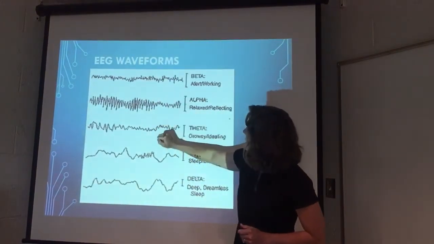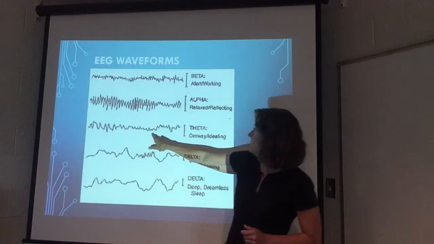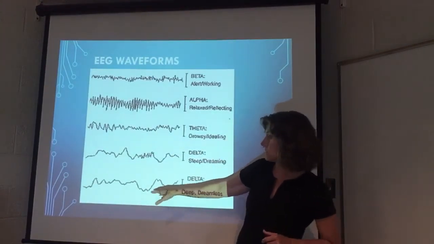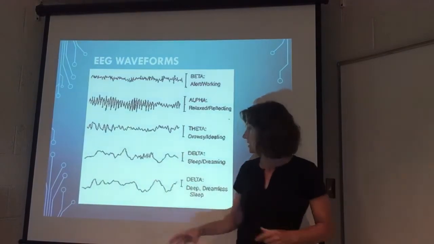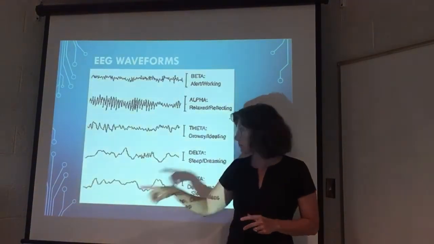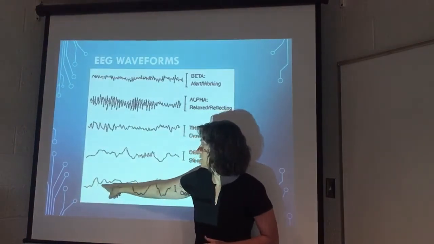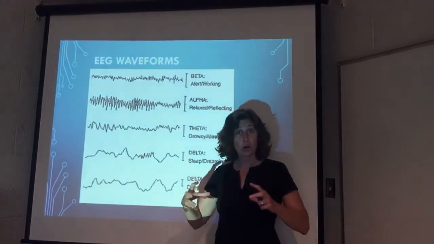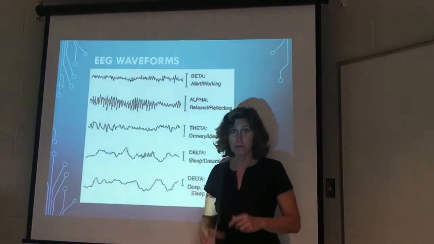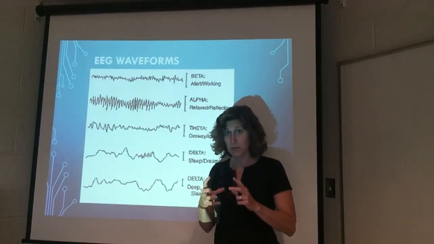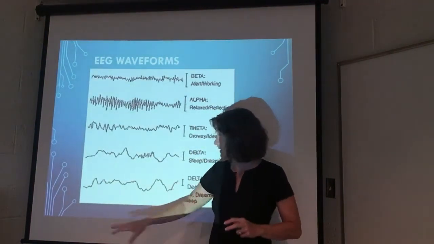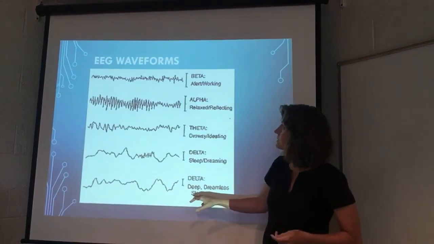Then as we go down, theta gets stretched out a little bit more, and delta gets stretched out the most. The more stretched out it is, the lower frequency we're seeing. It's completing one cycle in a longer amount of time, so there's fewer cycles within that amount of time. Frequency is how many cycles there are within a certain amount of time. So as we stretch it out, that's lower frequency. Delta is the lowest frequency.